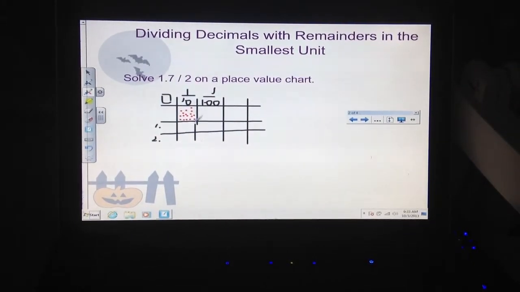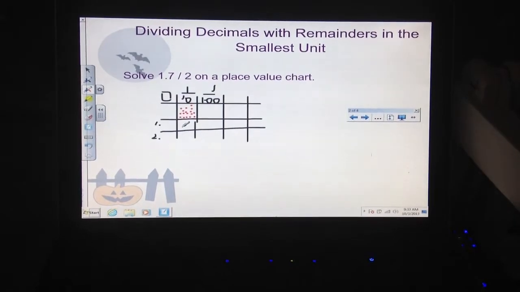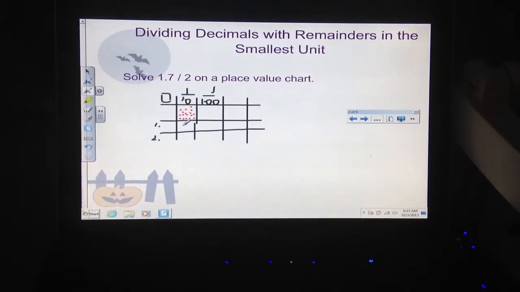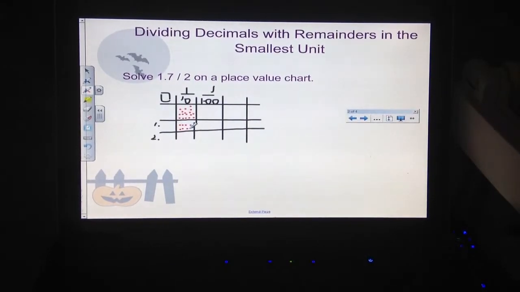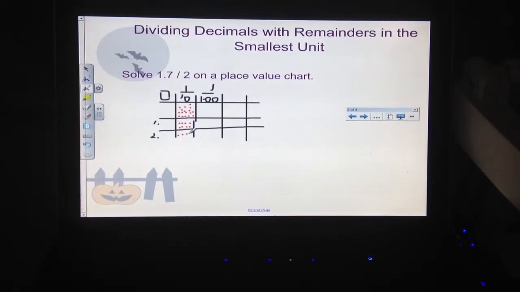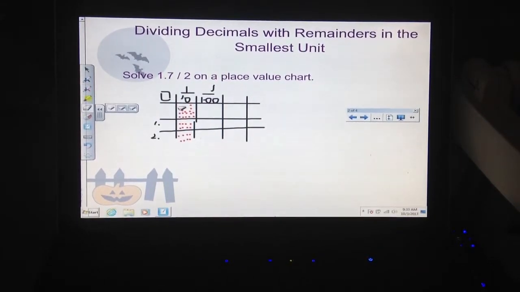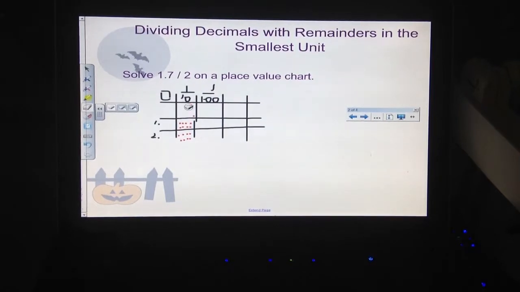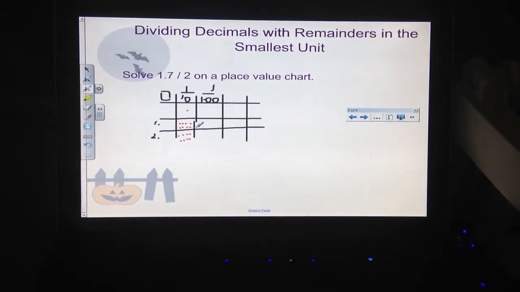So now I have, if I count these all up, I have 17. If I split 17 into 2 groups, I have 8 in each group. And 8 times 2 is going to give me 16. So what will actually happen is I will have 1 left over.